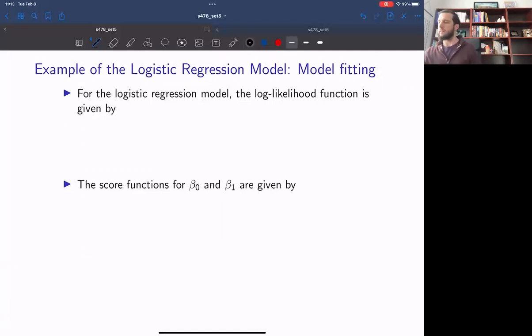Okay, so the first thing is for the logistic regression model, we're trying to maximize the likelihood with respect to beta 0 and beta 1.